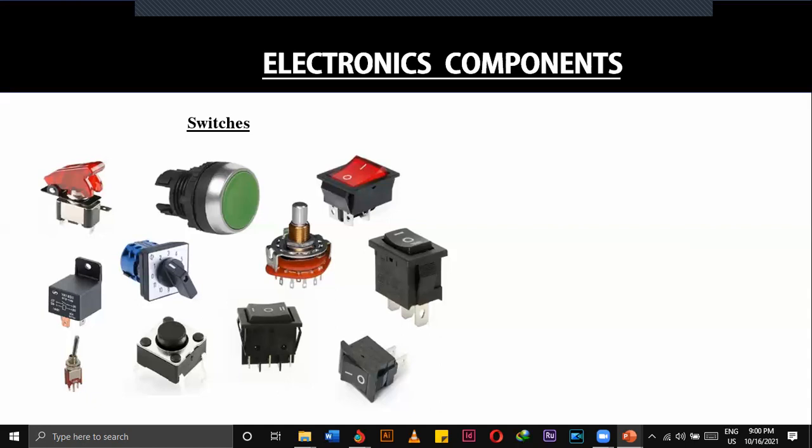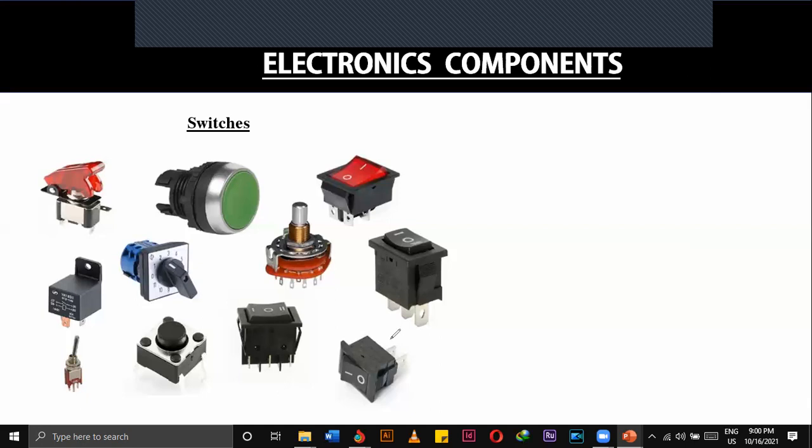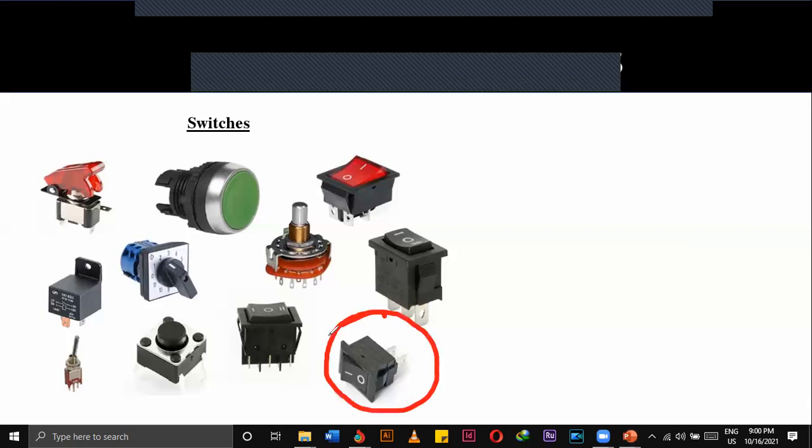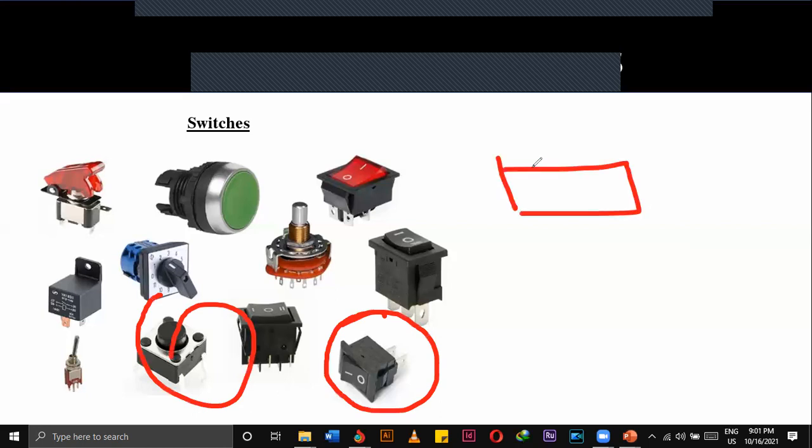Similarly, we have different kinds of switches. This one is called a toggle switch. This one is called a push button. There is a difference. Toggle switch means it will be like this. Once we have turned this one on, it will stay on until we turn it off.